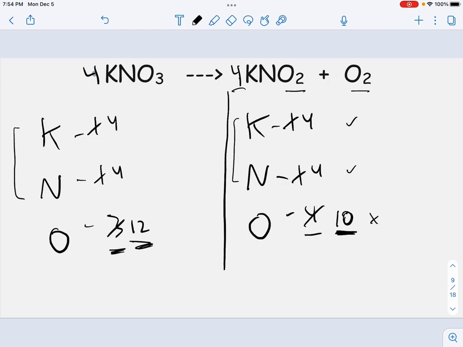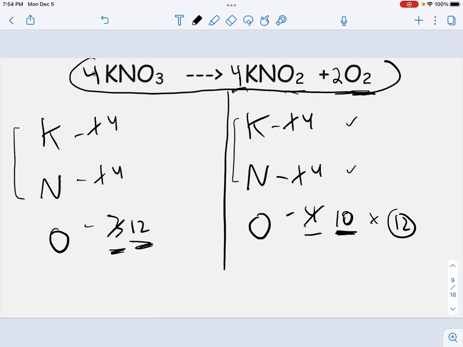So we need to add 2 more oxygens. So guess what we're going to do? We're going to put a 2 in front of O2. And by doing that, we have 4 oxygens, and we're going to add them to the 8. So that gets us to 12. So this is the correct balanced equation: 4KNO3 decomposes into 4KNO2 plus 2O2.